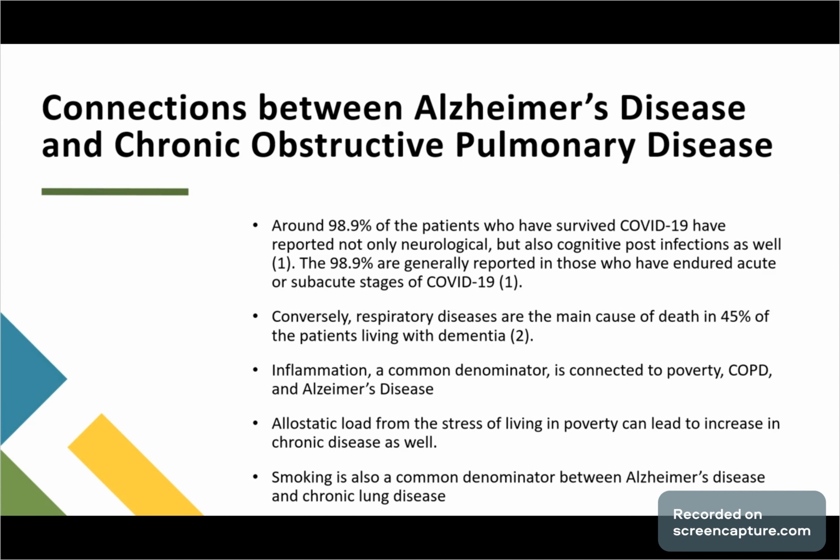There's a lot of noise pollution, violence, and a combination of that can relate poverty to chronic diseases as well. Of course, smoking causes inflammation, and so that might be a common denominator relating the two organs.